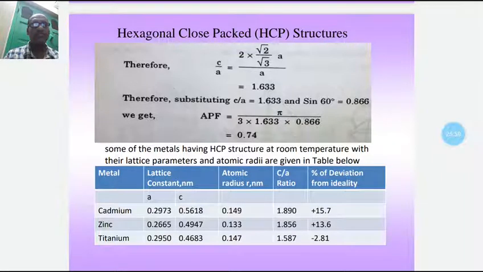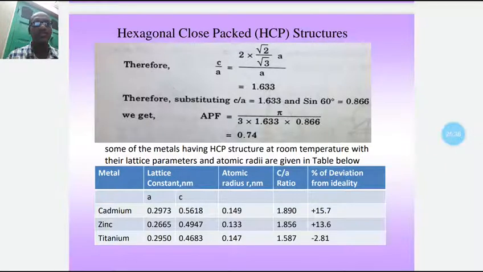For the example of zinc also, the lattice constants A and C are given, 0.2665 and 0.4947 respectively. Atomic radius is given 0.133. C by A ratio 1.856 and percentage deviation from ideality 13.6%. For titanium also, 0.2950 and 0.4683 are the lattice constants A and C respectively.